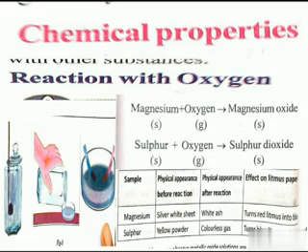At the same time, if we place blue litmus paper in sulfur dioxide solution, it changes into red color, so sulfur dioxide is acidic in nature.